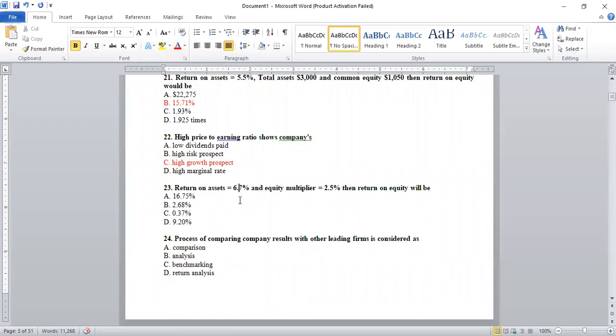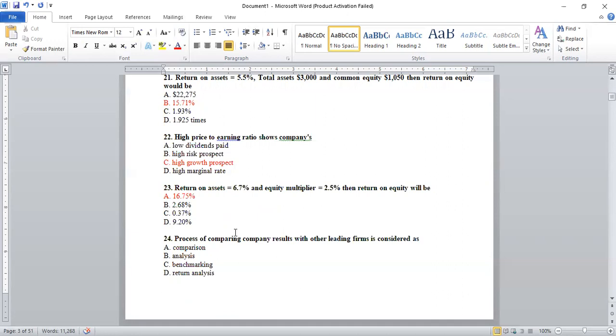A return on asset is 6.7 and equity multiplier is 2.5, then the return on equity will be 16%, and it is obtained by 6.7 times 2.5.